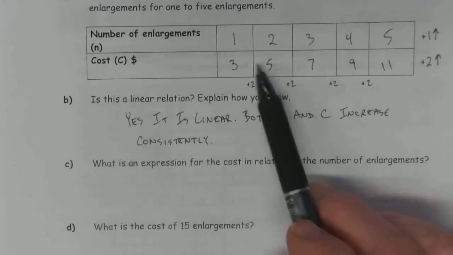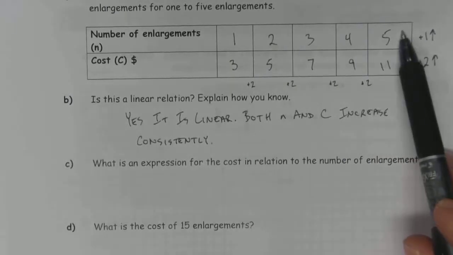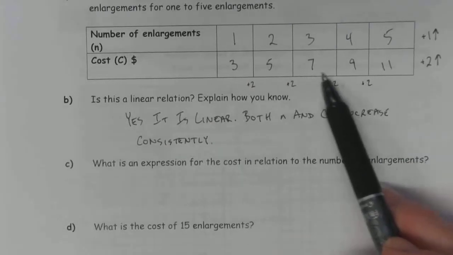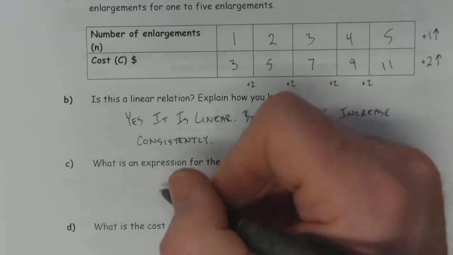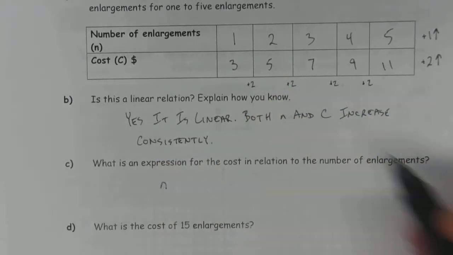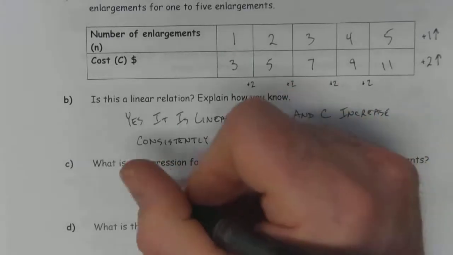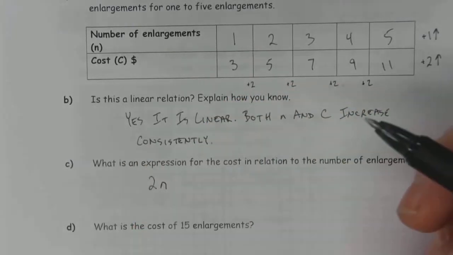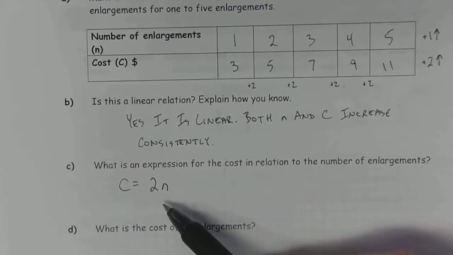Once you identify how these things change, if the first variable increases by 1, you can look at what the second variable increases by, and in this case it's 2. So we're going to take n, and multiply it by what I call the magic number, and that's a 2. So your cost is equal to 2n.